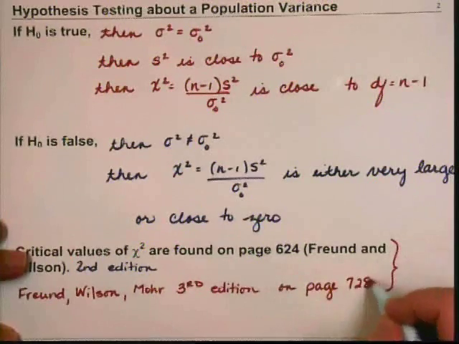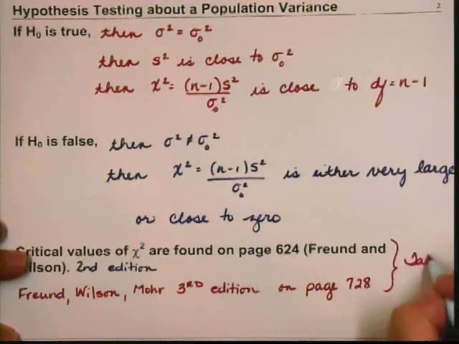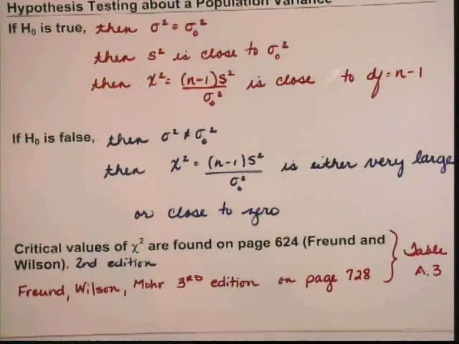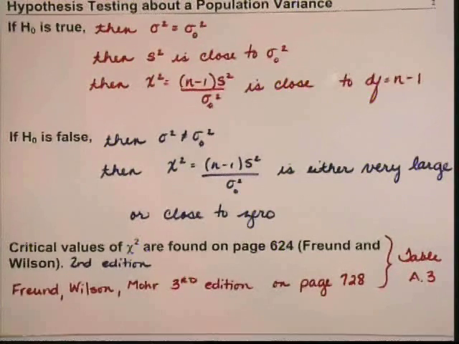In both cases, we're looking at table A3. So it's easier to remember the table number rather than the page number. The differences between the two textbooks is just the format of the table.